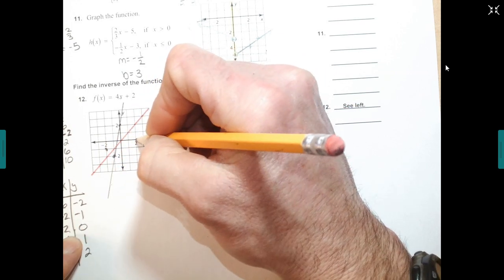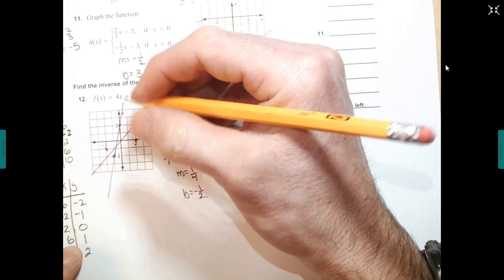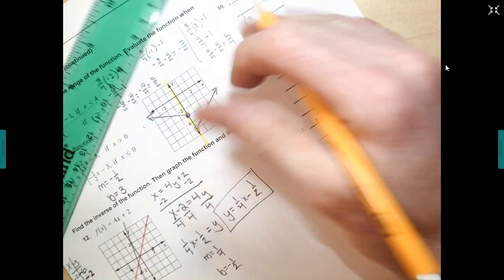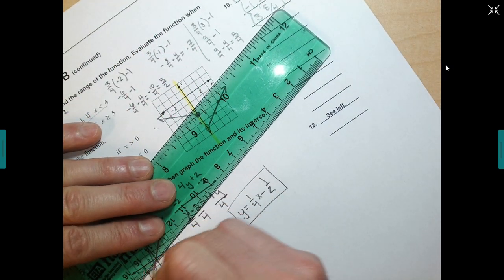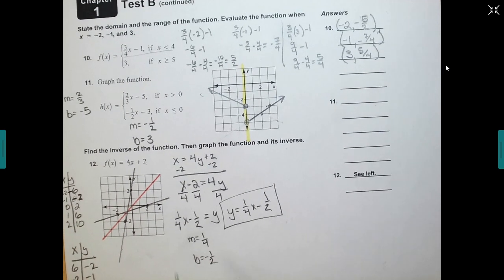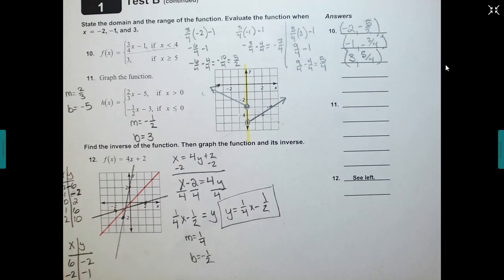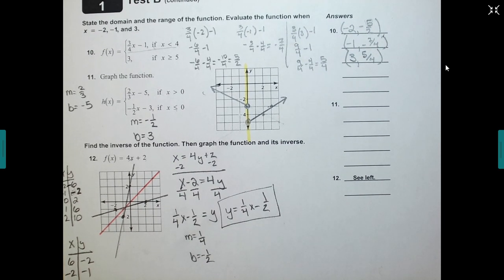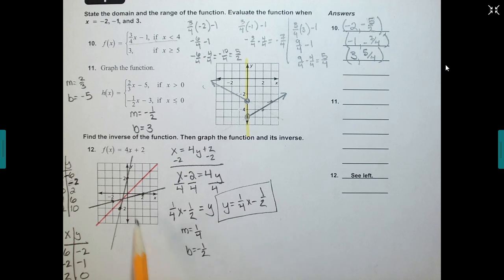I have 2, 0, and I have 6, 1. Would you look at that? Sure enough, that reflected there, that reflects there. So there you have it. There is your reflection. I'm sorry, your inverse.